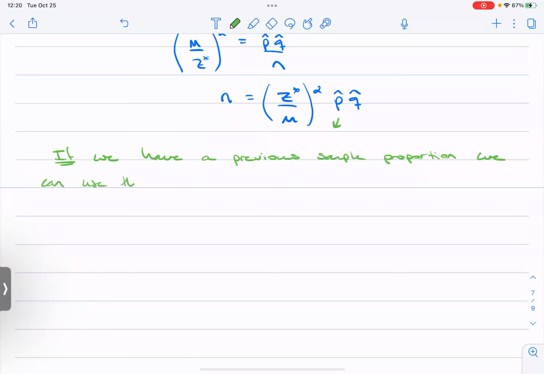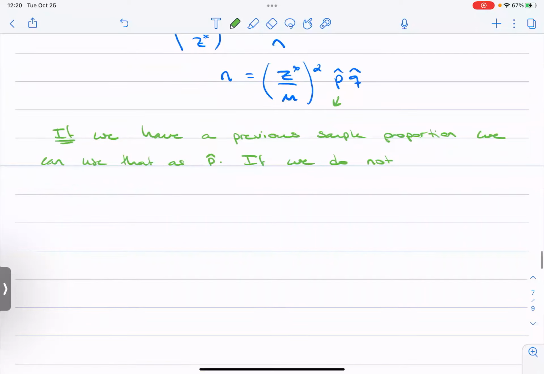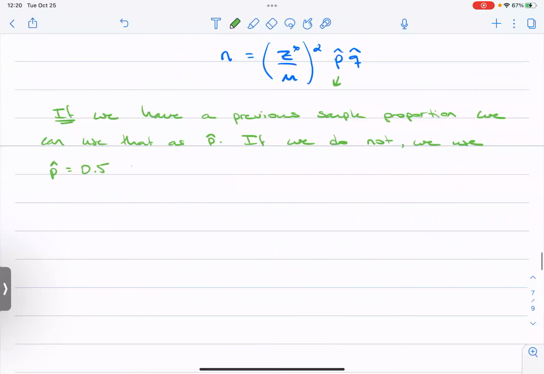If we do not, we use p hat equal to 0.5 to give us a conservative estimate for n.